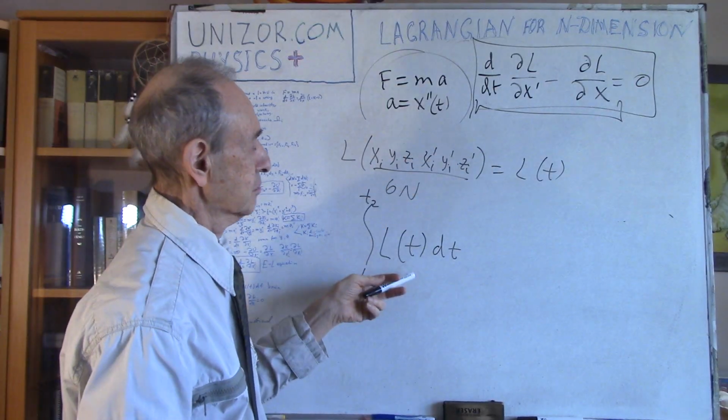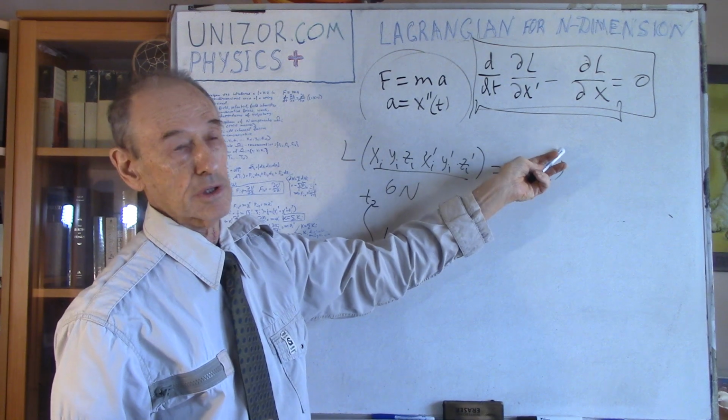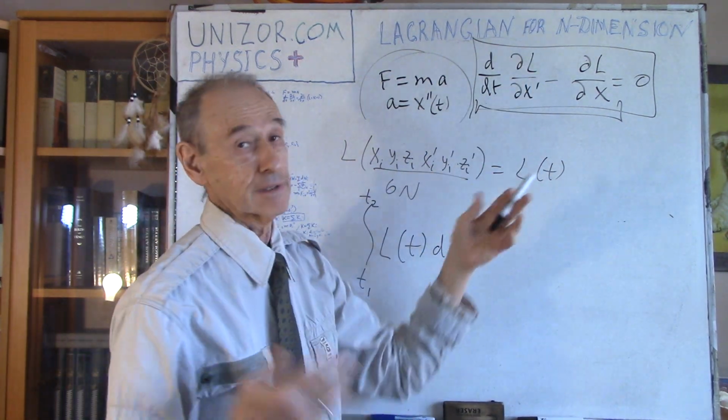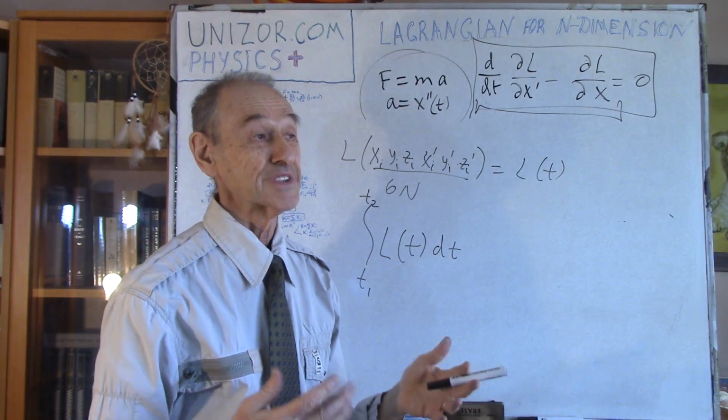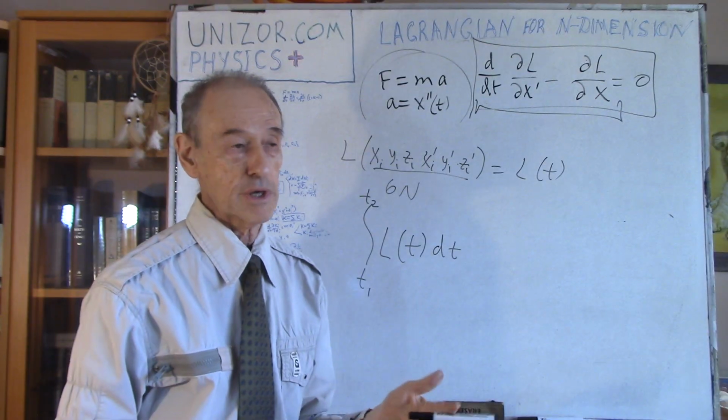The solution minimizing or maximizing this integral is the solution to this differential equation. Or in our case of n objects, it's a system of 3n differential equations, because x, y, and z.